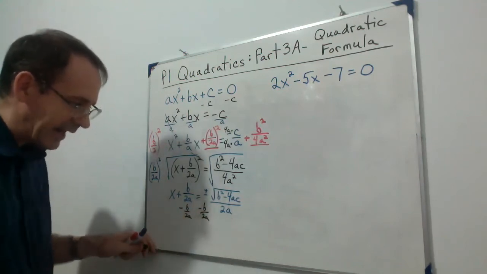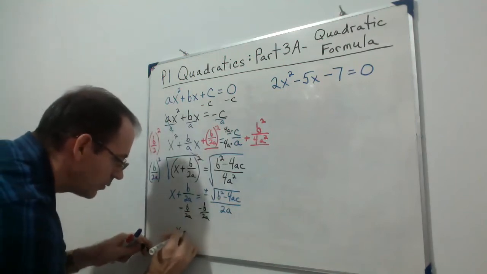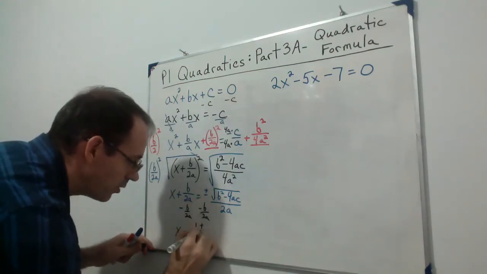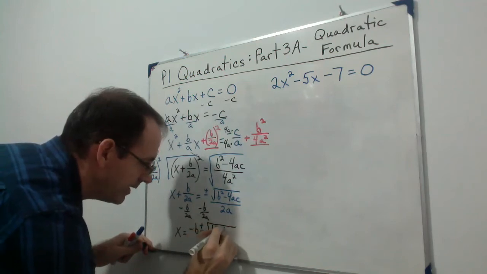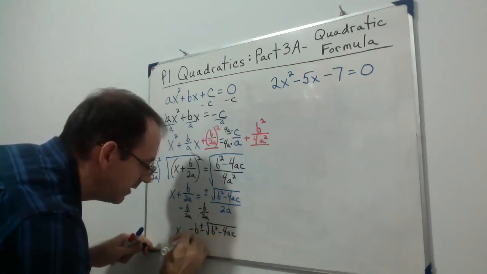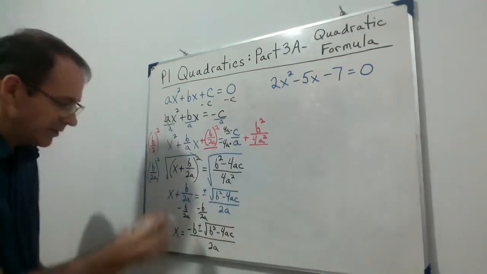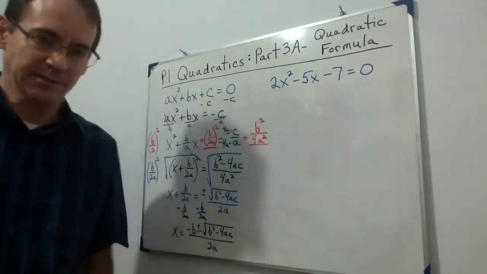Notice we already have a common denominator, so we end up with x equals negative b plus or minus the square root of b squared minus 4ac all over 2a. And hopefully you recognize this as the quadratic formula.